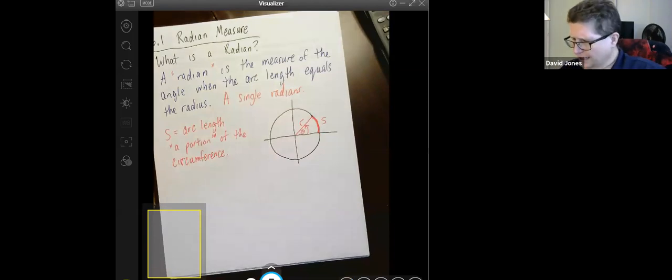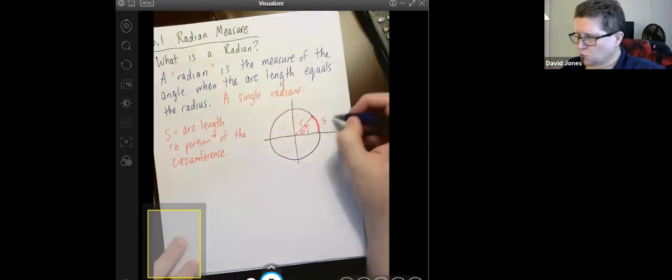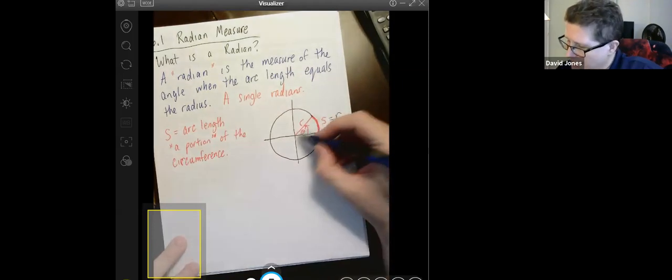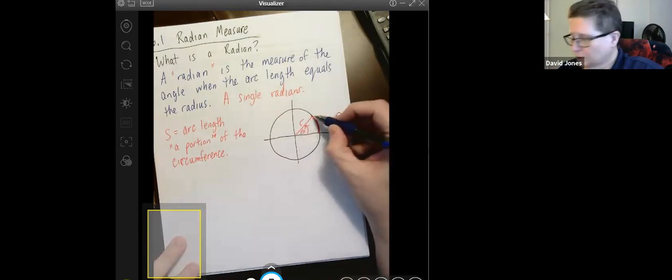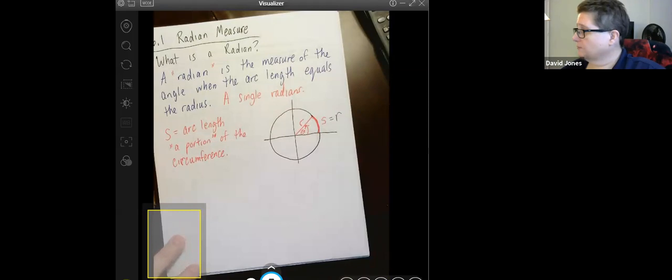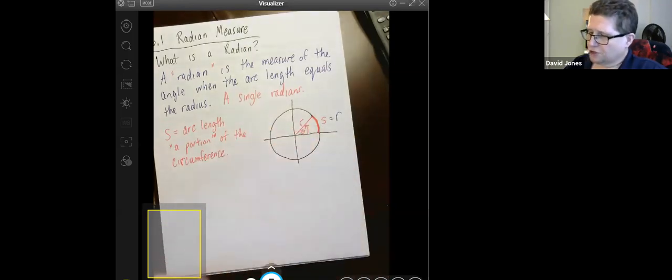And for a radian, it exists when S equals R. So I guess I probably didn't do it very well. I should have made it a little bit bigger. The length here is equal to the length going around. And the way we show it is the general measure for it.